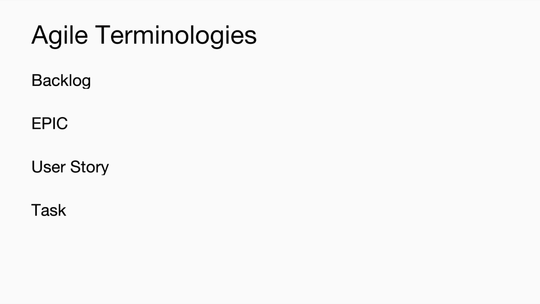These are called tasks. And there is also one more terminology called sprint. Sprint is nothing but a time-boxed approach to develop a set of features from the backlog. It means a sprint is generally a duration of 2 to 4 weeks to develop a prioritized list of features.